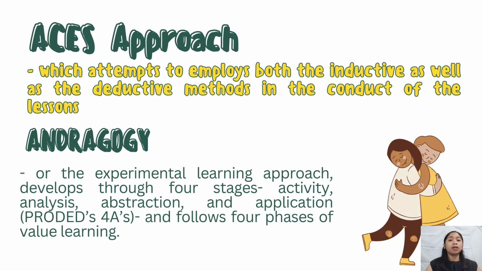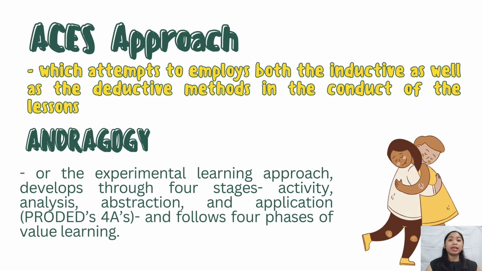Generally, the experiential learning process develops through four stages, namely the activity, analysis, abstraction, and application. And it continues with evaluation, which is the closing activity, and follows 4 phases of value learning.